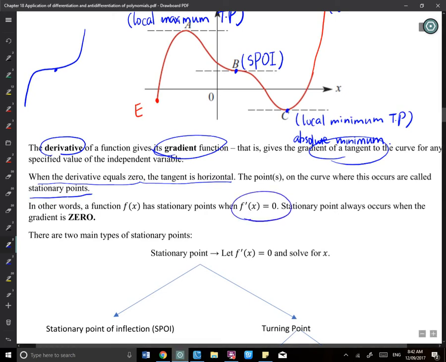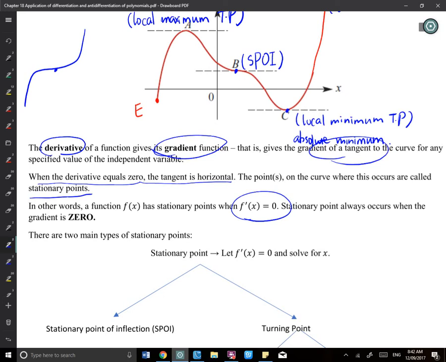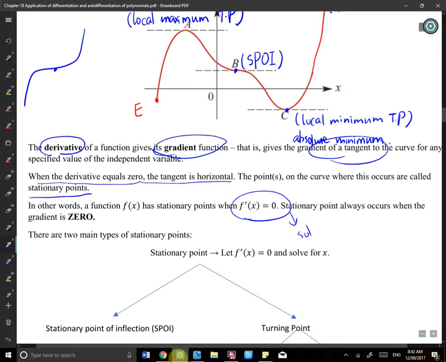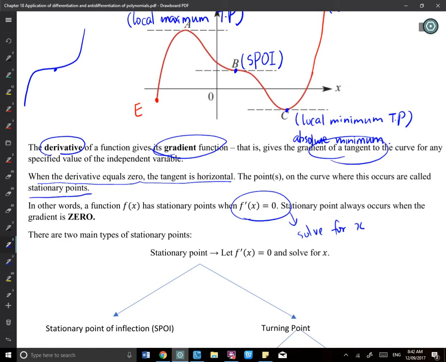That's the most important thing. If you are asked to find stationary points, you need to set f dash x equal to 0 and solve for x. The x values you get are the points with stationary points. Stationary points always occur when the gradient equals 0.